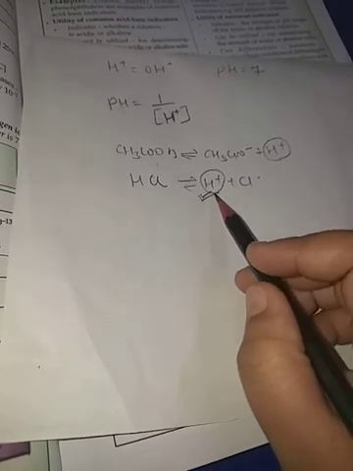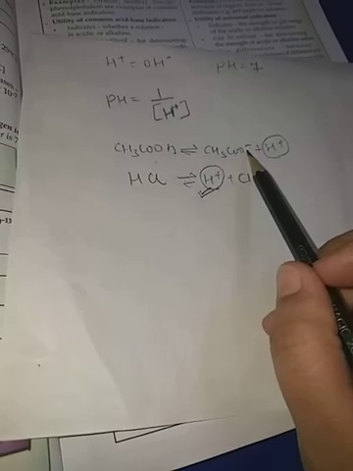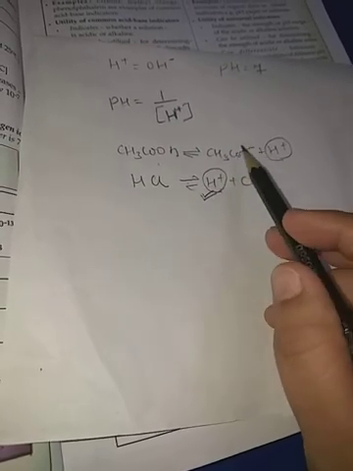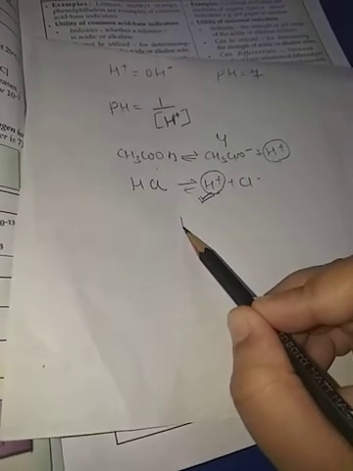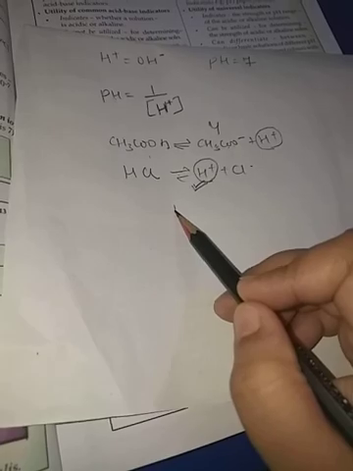It means the more H+ ions, the lesser will be the pH. Suppose pH of acetic acid is 4, then pH of HCl will be 1. More H+ ions, lesser pH.